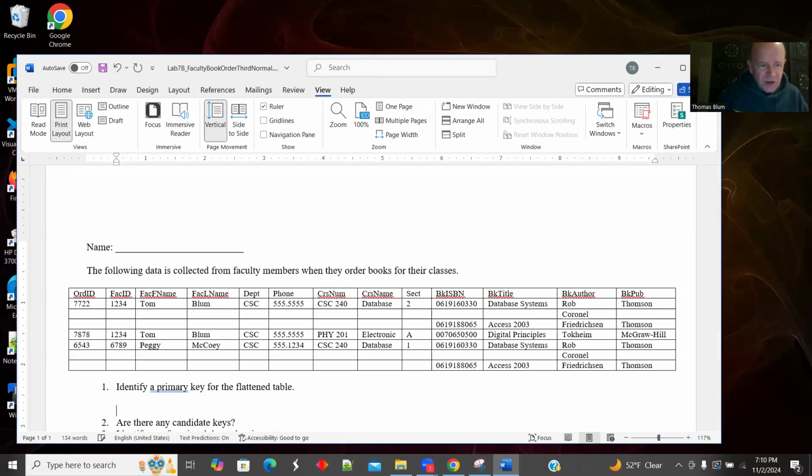One of the rules of thumb in figuring out the primary key for the flattened table is that something about the repeated thing has to appear. So I'm going to repeat all the information in that first row with the book author Rob. I'm going to have to repeat all that in the second row.